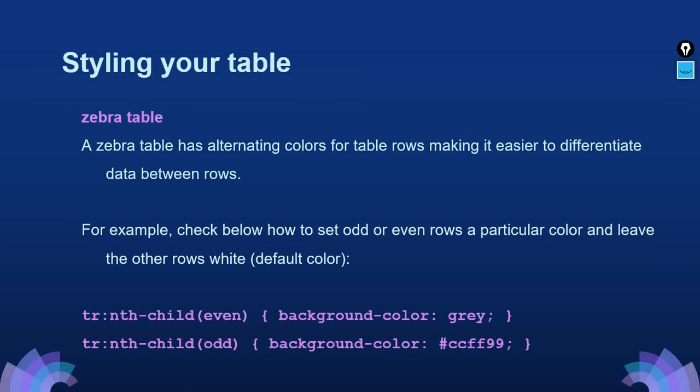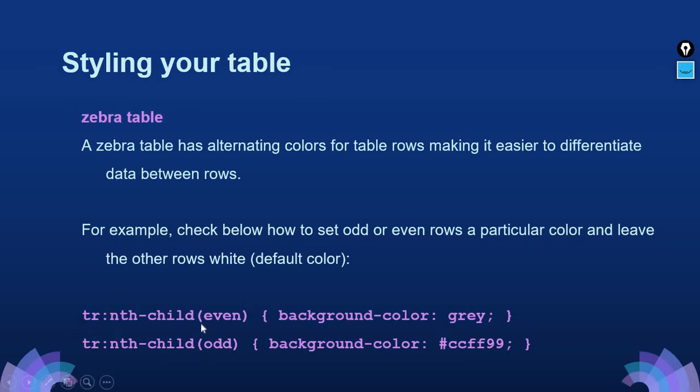For example, here in this example, see how you can set the odd or even rows to a particular color and leave the other rows white by default, as white is the default color for the table.